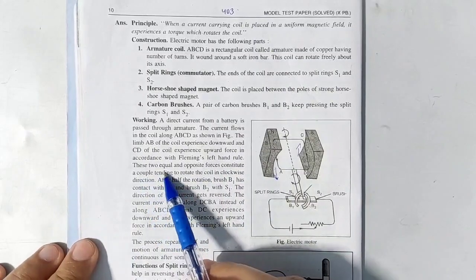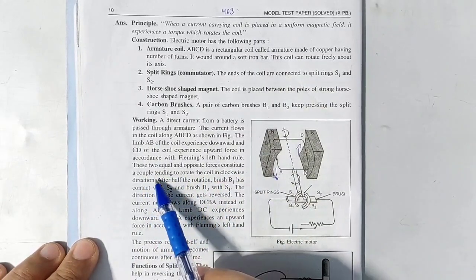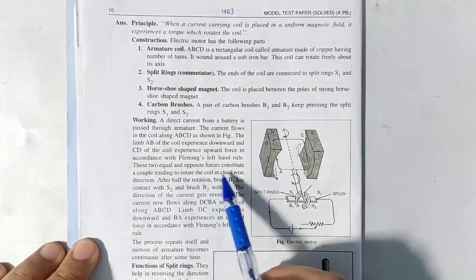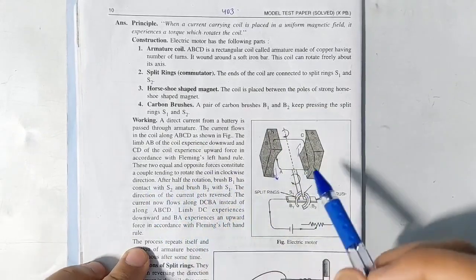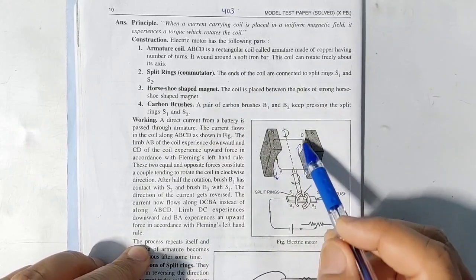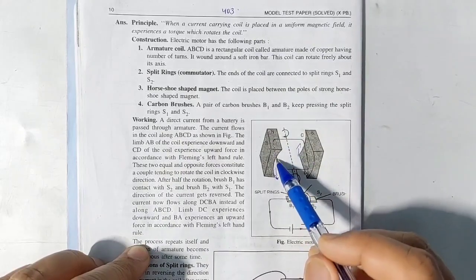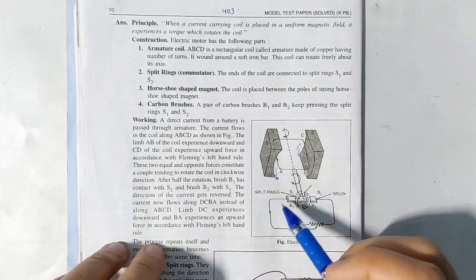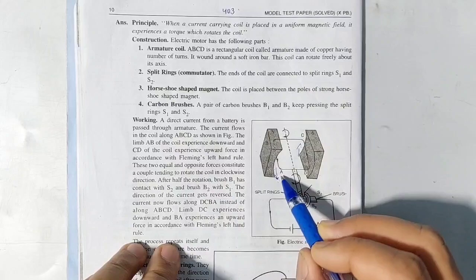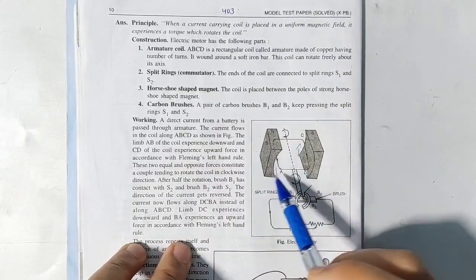These two equal and opposite forces constitute a couple tending to rotate the coil in clockwise direction. So the CD part experiences upward force and the B to A part experiences downward force, and this force rotates the coil in clockwise direction.